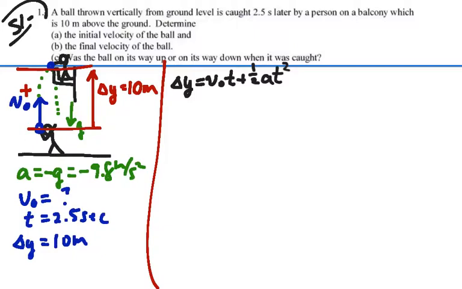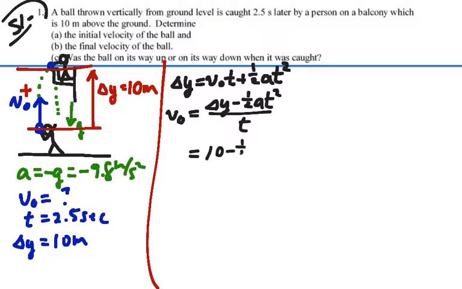Subtract 1/2 AT squared from both sides and then divide by T. So V0 is going to be equal to displacement minus 1/2 AT squared, everything divided by T. And that is going to be our displacement, which is 10 meters, minus 1/2. The acceleration is a negative 9.8, and our time is 2.5 seconds.